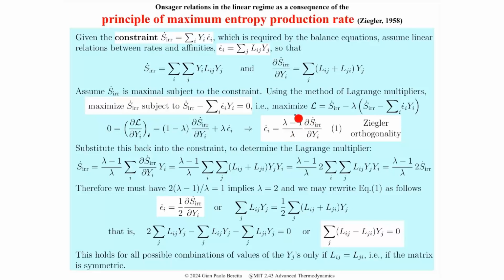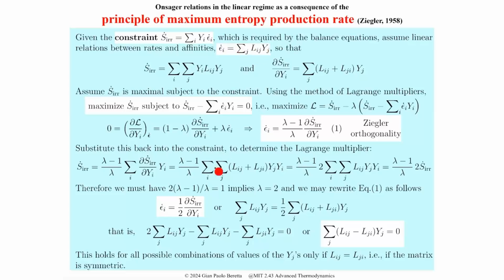And we can substitute it into the result. And so the result of the maximization is this expression here. The orthogonality coefficient is 1/2. Finally, we can substitute into here our assumption for epsilon dot.